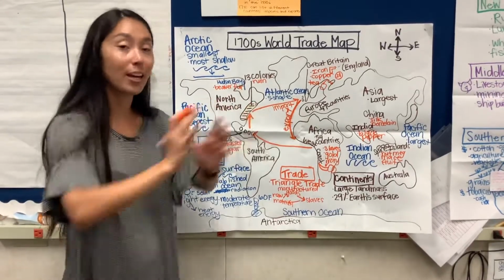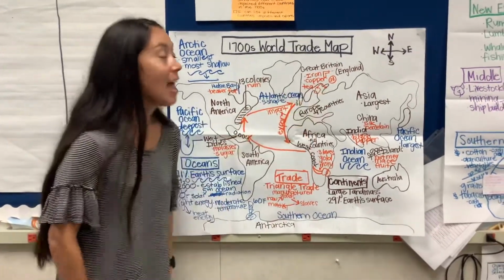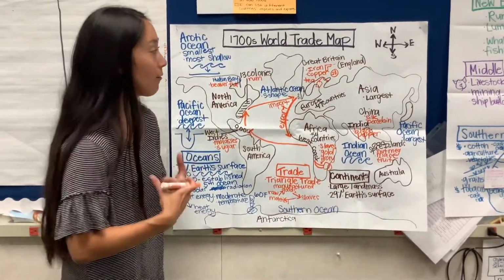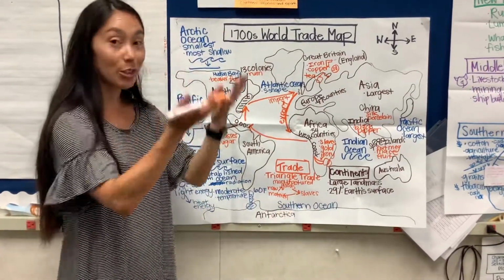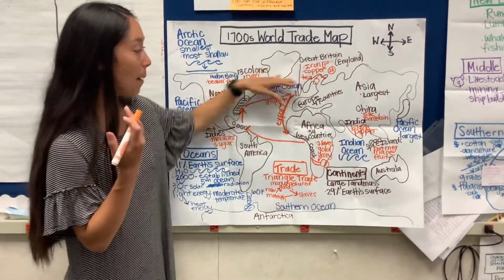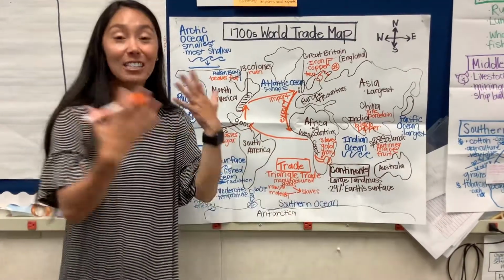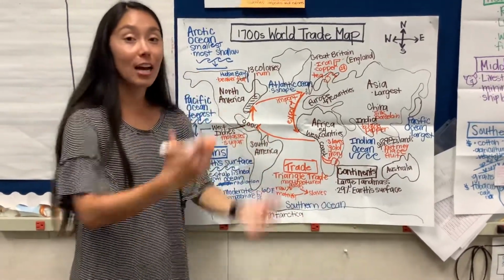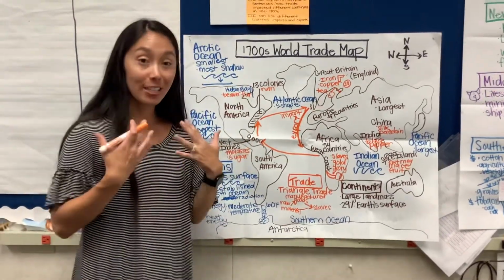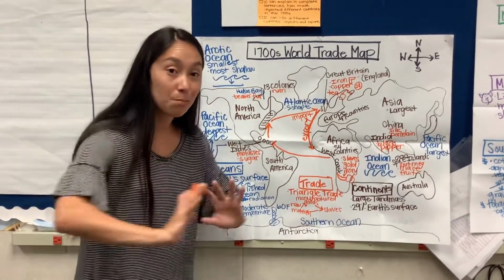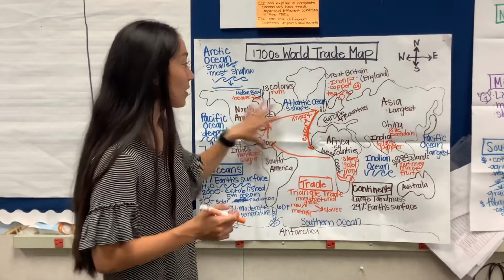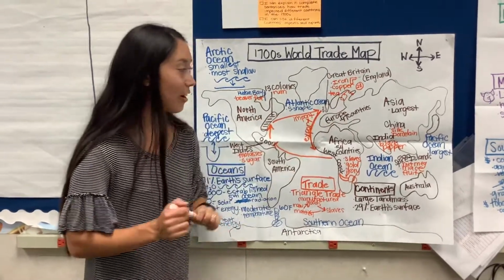They exported it to Great Britain, and they imported different goods. They brought in iron, copper, tea, slaves, gold, and ivory. And as they traded with one another, these countries imported goods, and then they would export resources that they had on their continents.